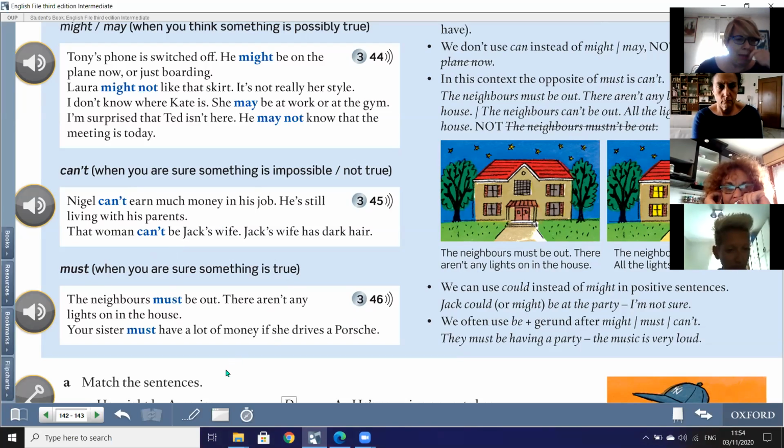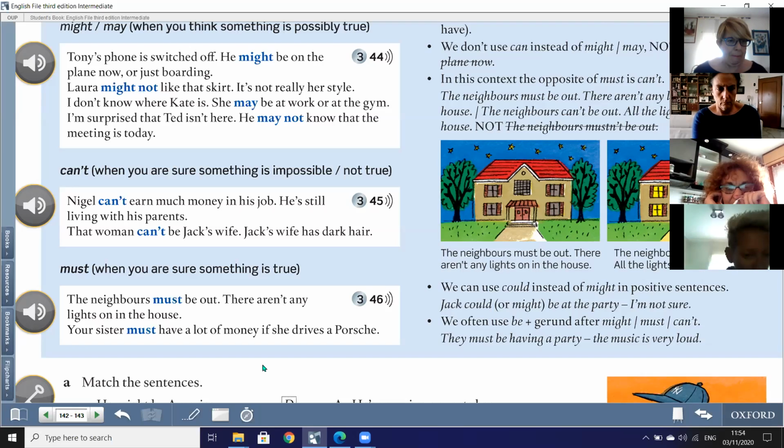And then must. The same, but without using the negative. I use must instead of can't. The same. When you are sure something's true. My neighbors must be out. There aren't any lights on in the house.